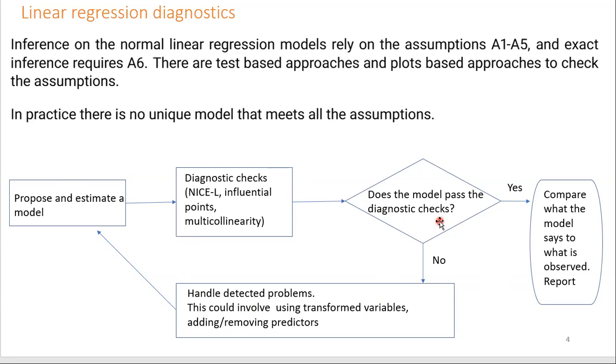Let me link this to real life data analysis. If you're in a company and you have to create a regression model, there's a question mark over how much diagnostic checking people actually do in workplaces. Maybe some of these assumptions are more important than others, such as outliers, what we call influential points.